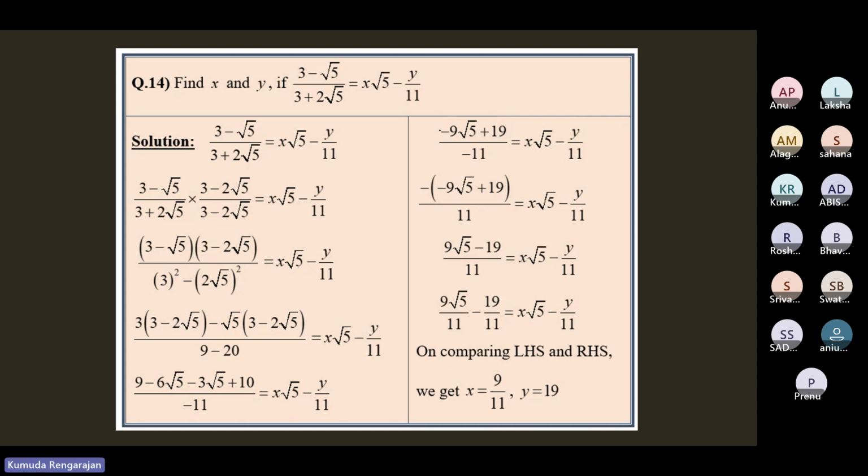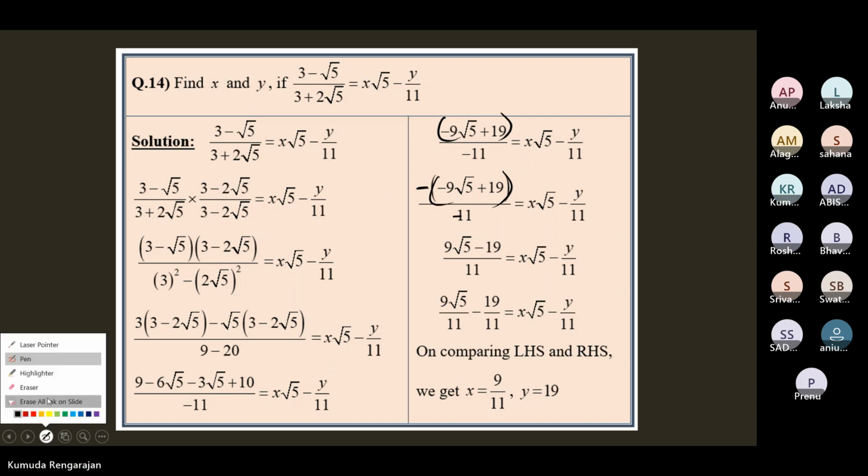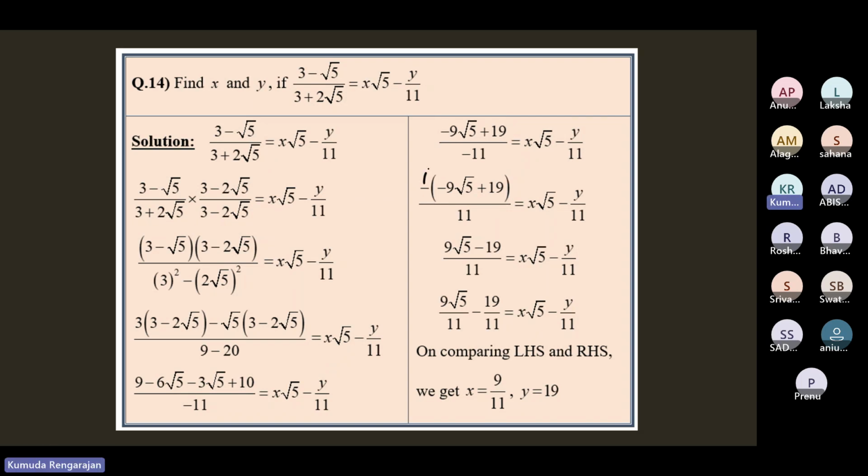See here, this one is in brackets in the next step, and then this minus is taken up to the numerator. So it becomes minus into minus plus 9 root 5, minus into plus minus 19 by 11. In the numerator, whatever expression you have, enclose it in a bracket, because the minus has to be applied to both the terms in the numerator.